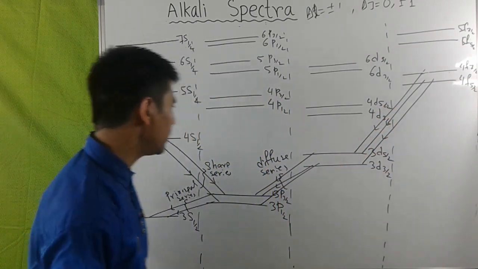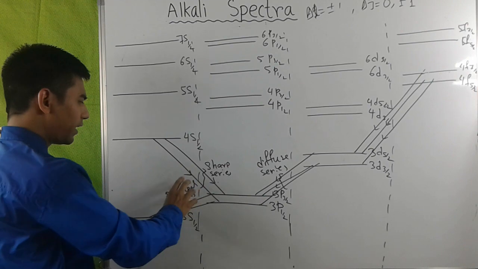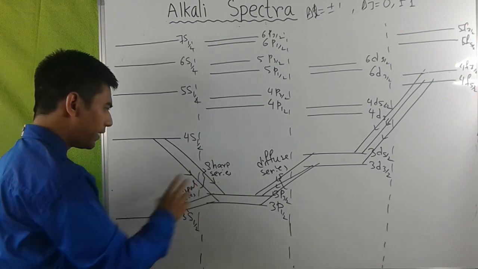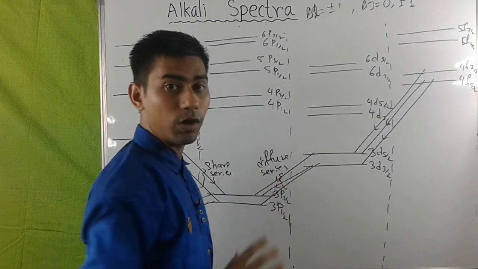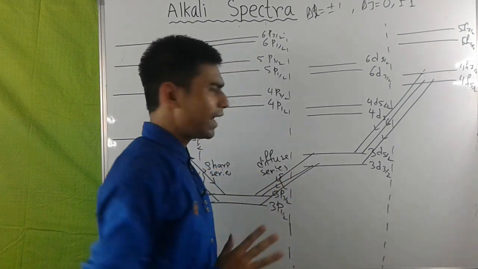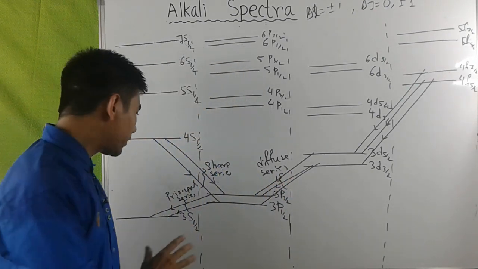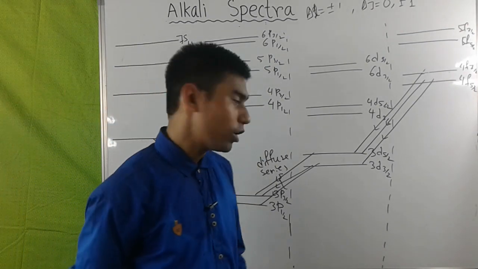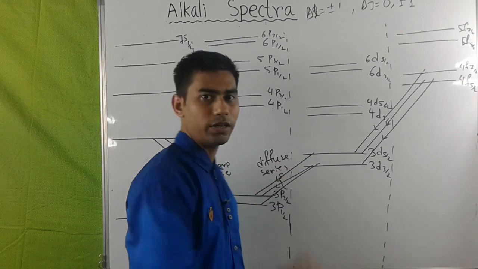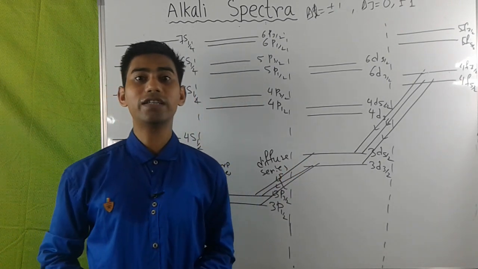Okay, thus these are the doublet components of the principal series and sharp series, and this is the triplet component of the diffuse series. Thus we have explained the doublet component of the principal series and sharp series and the triplet component of the lines of the diffuse series. Okay, thank you for watching this video.